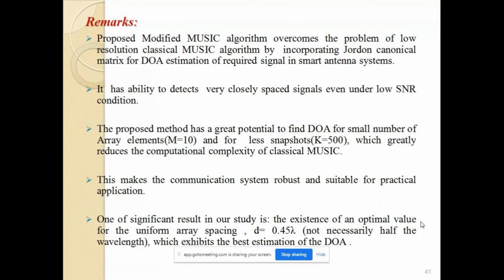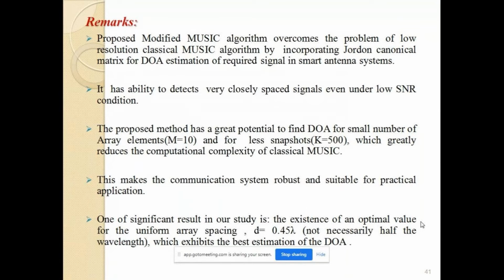The first one is that the modified MUSIC algorithm is a high resolution one, because we have incorporated the Jordan canonical matrix for coherence matrix estimation, through which we can effectively estimate the eigenvalues and eigenvectors, so that the signal space and noise space can be separated effectively, and through the pseudo spectrum the direction of arrivals can be accurately estimated.